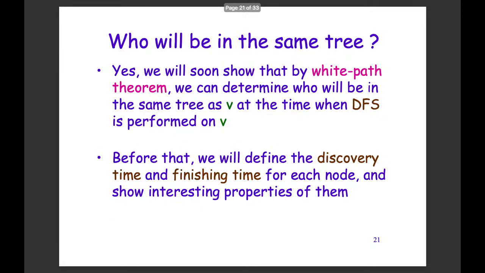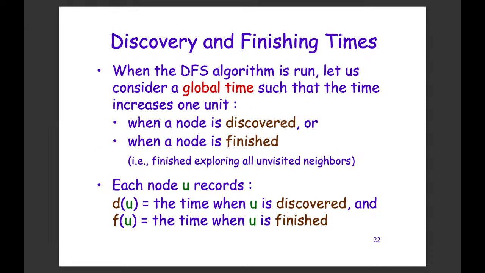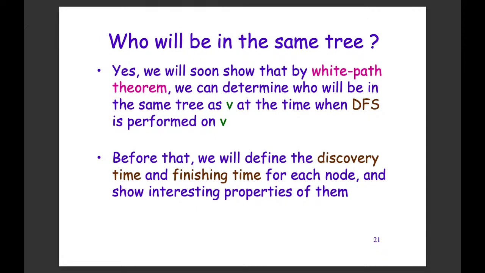Okay, so here we will introduce something called the white path theorem, and it is exactly the theorem that determines who will be in the same tree as V by the time we perform DFS on V. The white path theorem is very simple.